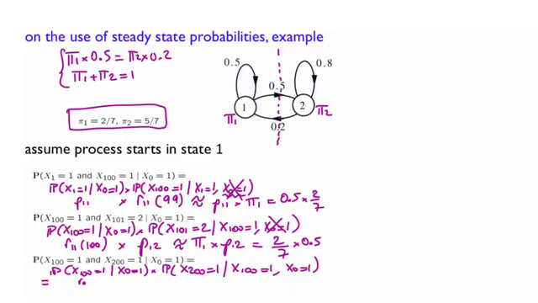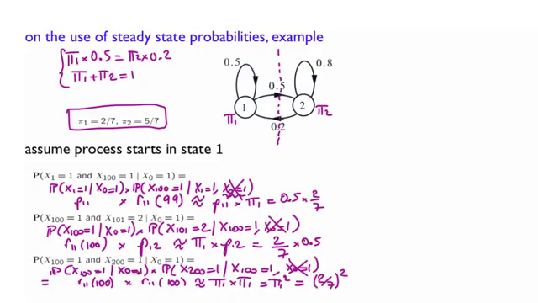Again, this is R11 of 100, and for this one, for the same reason as before, we can forget this term. From 100 to 200 you have 100 time steps, R11 of 100, and 100 is big enough, so we're going to approximate both by the same values, and we get pi 1 squared, which is 2 over 7 squared.